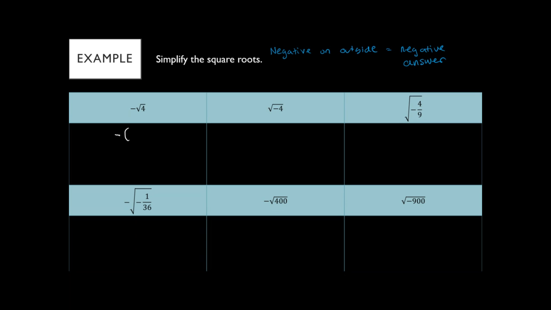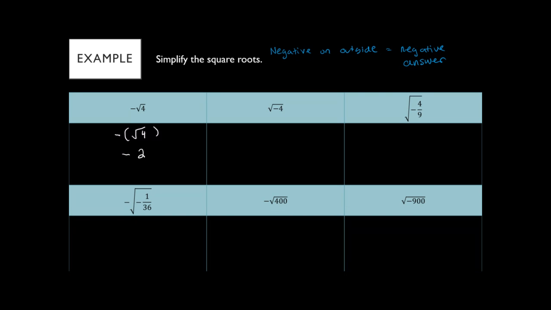So one way that you could interpret this is you do the square root of 4 first, which is 2, and then you have your negative out there. So if you kind of get confused with that, you can think of, I'm doing the square root and then I've got my negative sign separately. So that's going to give you a negative 2.